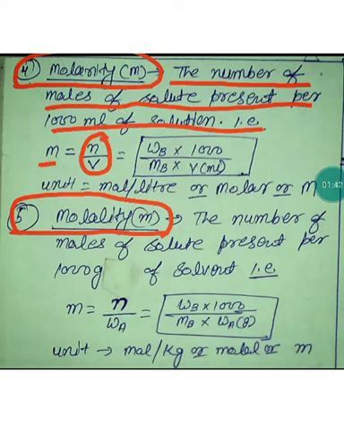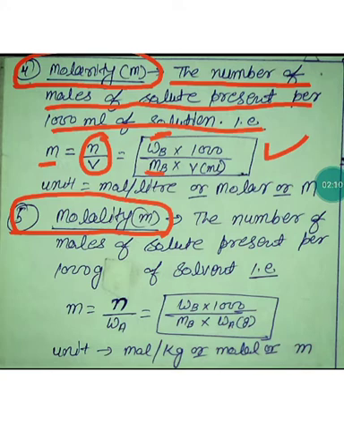Further, the formula can be expanded as given: WB upon MB, because number of moles is equal to WB upon MB, where WB is the mass of the solute and MB is the molecular mass of the solute.